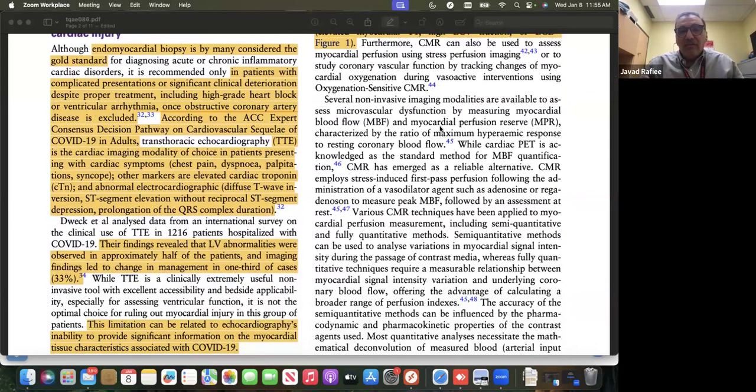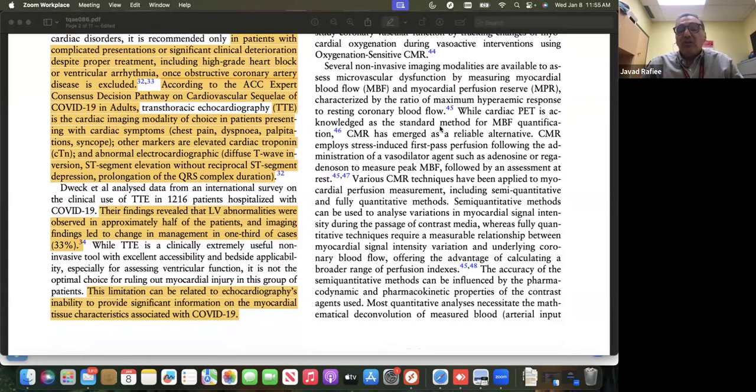Despite the limitations of echocardiography, this modality showed that half of patients had some evidence of LV dysfunction and a change in management in about one third of patients. The main disadvantage of echocardiography was the limitation in showing tissue characteristics.